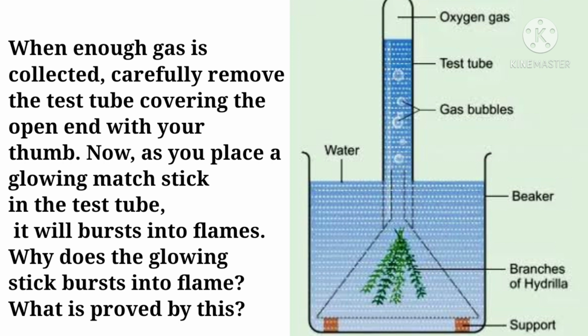In this experiment, the hydrilla plant performs photosynthesis, and due to the photosynthesis process, oxygen gas is produced, and this oxygen gas is seen in the test tube as gas bubbles, and these gas bubbles help to burn the glowing matchstick.